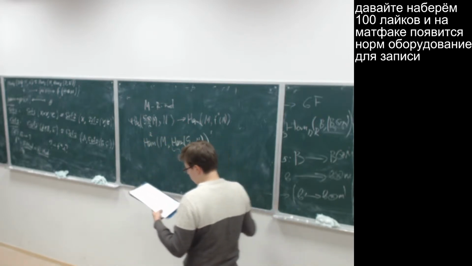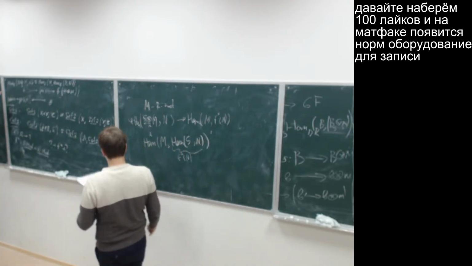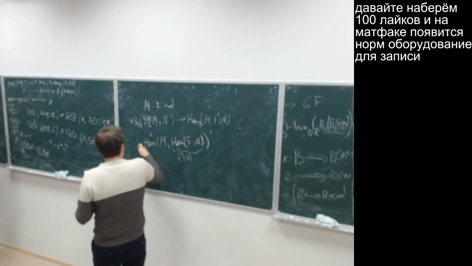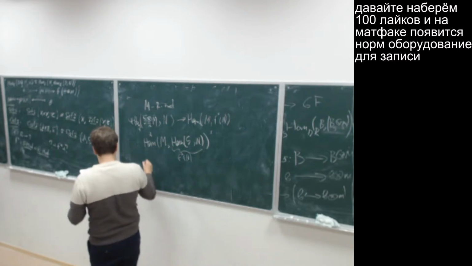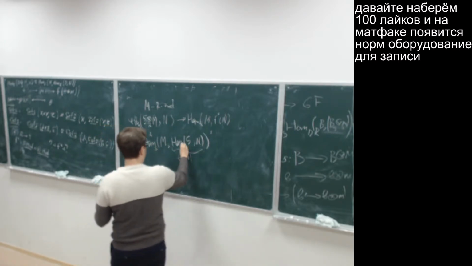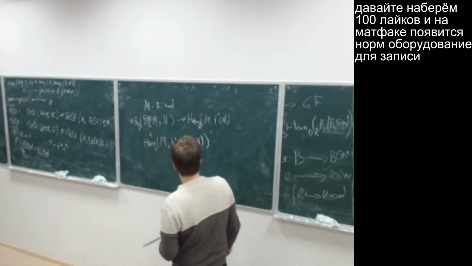I mean morphisms. Yeah, but with this formula, always writing Hom over R or S. So this is helpful. So this is over S. This is over S. This is over R. This is over R. Yes.